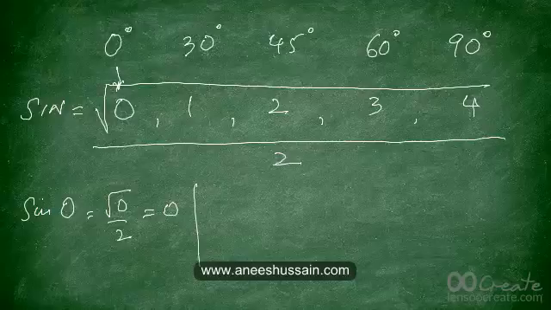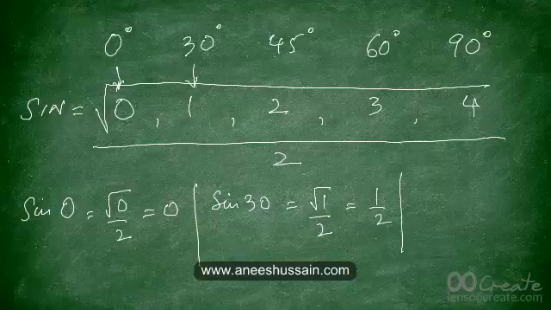Sine of 30 is going to be under root of 1 upon 2, which is equal to 1 upon 2. Sine of 45 is going to be under root 2 upon 2.